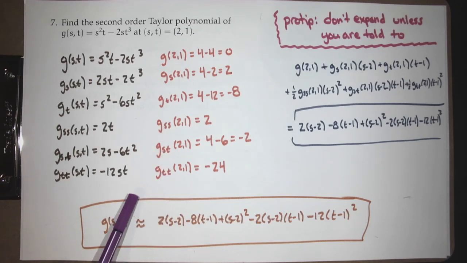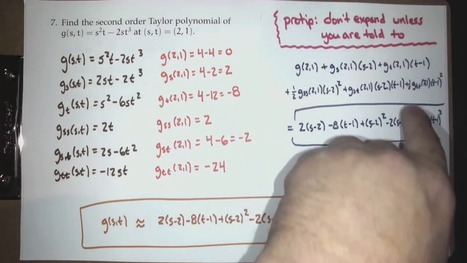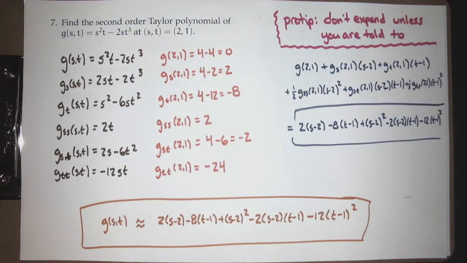Lots and lots of plugging in. Just take your time. Don't rush. And I see already that I messed up on the previous one, but that's all right. Okay, so I had x's and y's. These should be s's and t's. I got caught up. And yes? Can we expect a second order Taylor polynomial on the exam tomorrow? It's fair game.